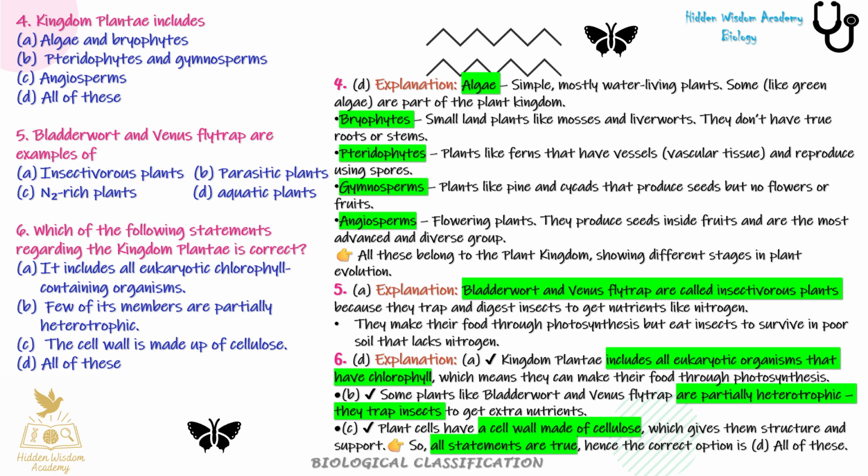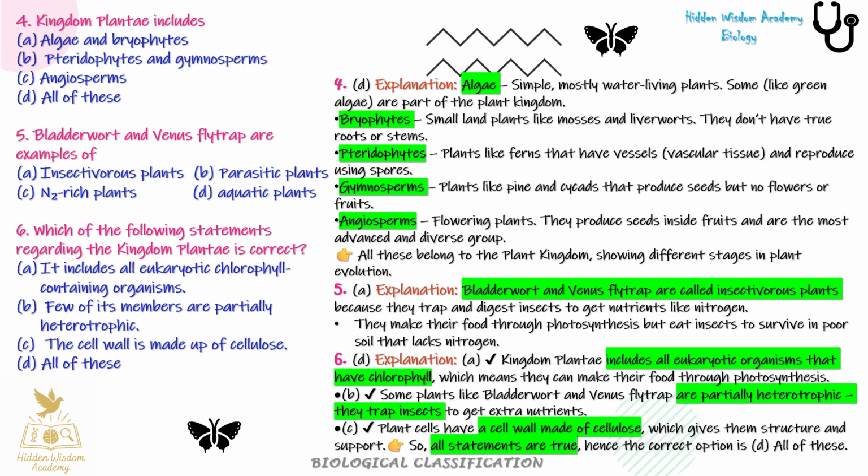Explanation. Algae. Simple, mostly water-living plants. Some, like green algae, are part of the plant kingdom. Bryophytes. Small land plants like mosses and liverworts. They don't have true roots or stems. Pteridophytes. Plants like ferns that have vascular tissue and reproduce using spores.